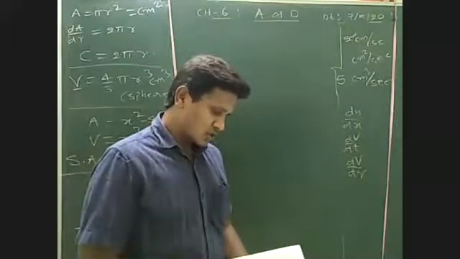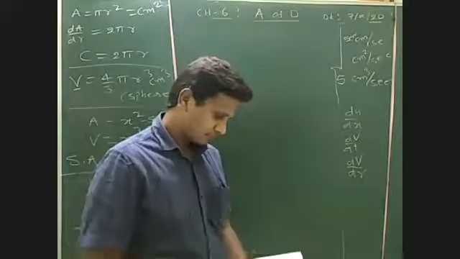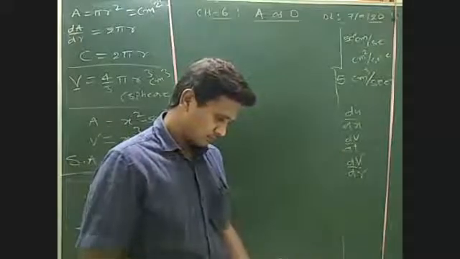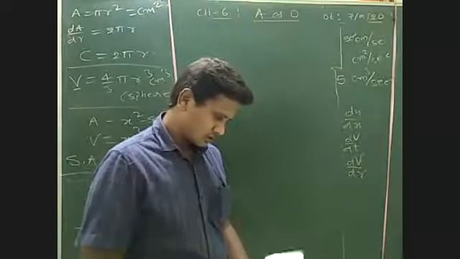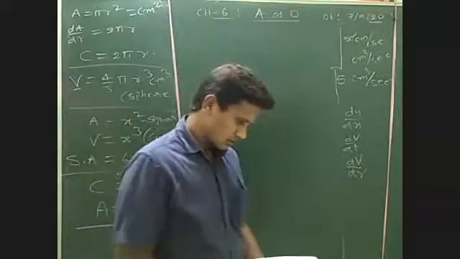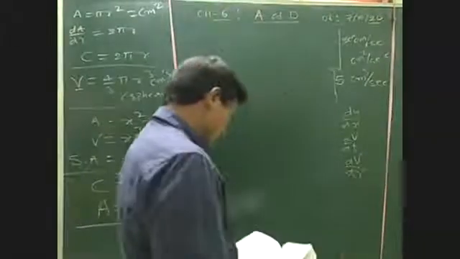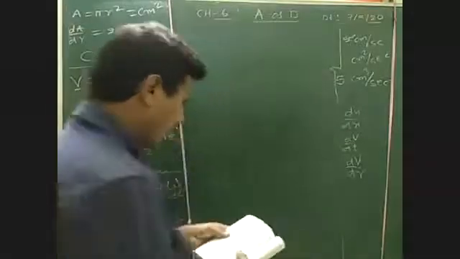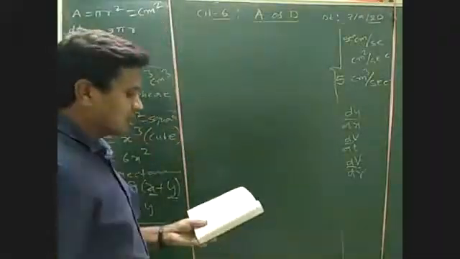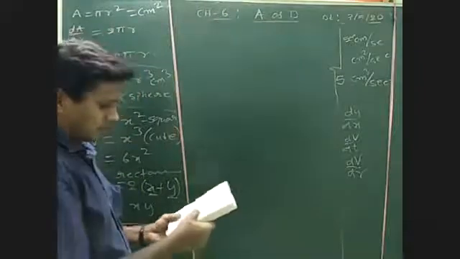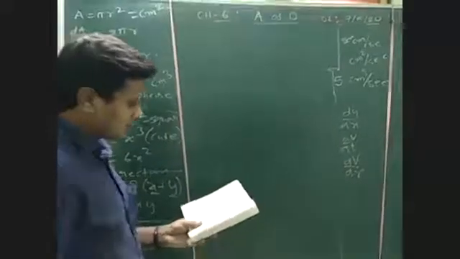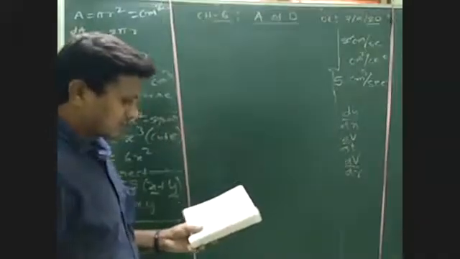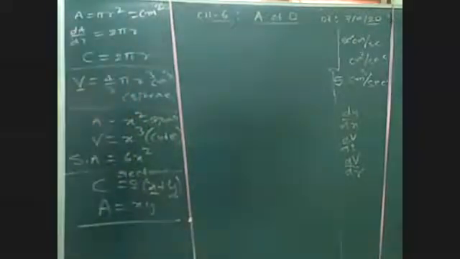The first question is exercise 6.1. What is the first question? Find the rate of change of area of a circle with respect to its radius.